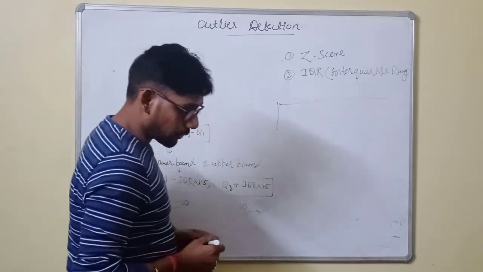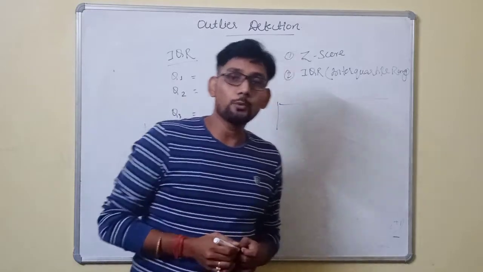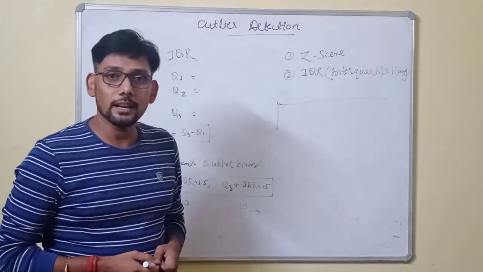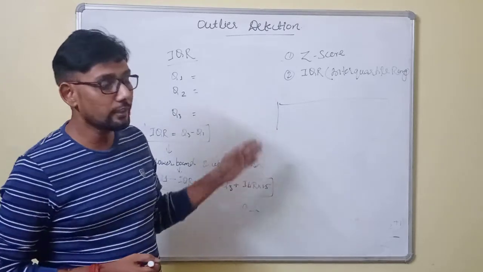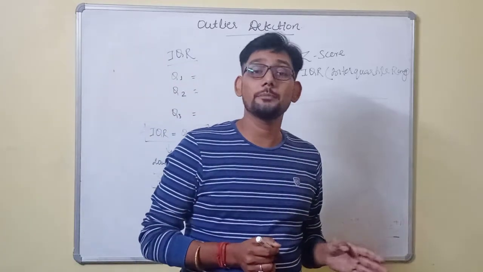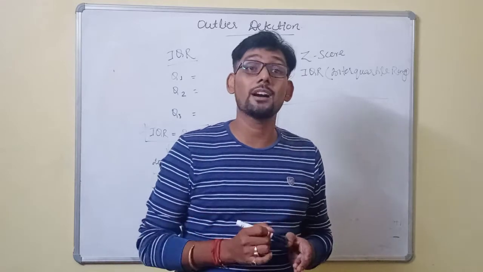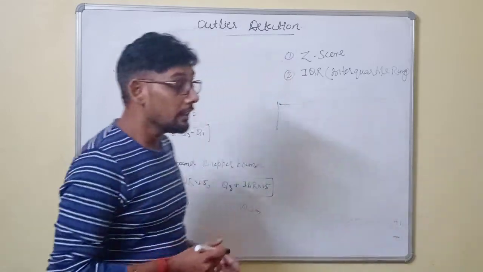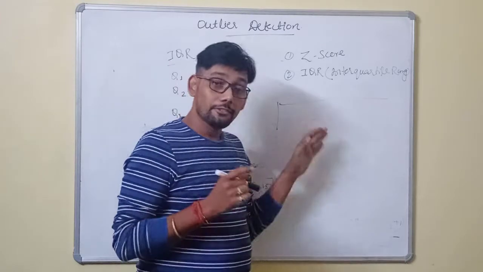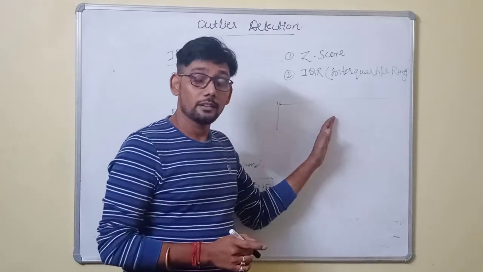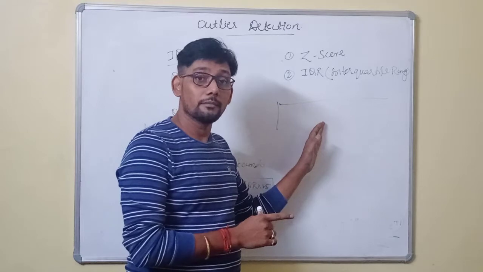So basically, what is percentile, guys? Suppose in an exam you got 95 percentile. 95 percentile doesn't mean that you got 95 marks out of 100, right? It means 95% of students are below your marks.